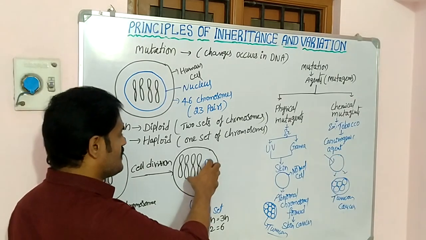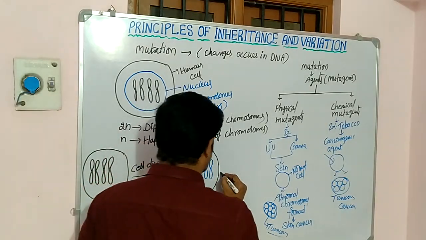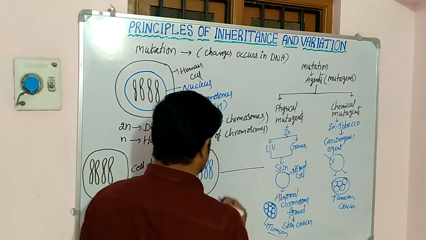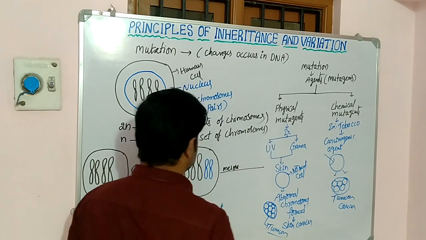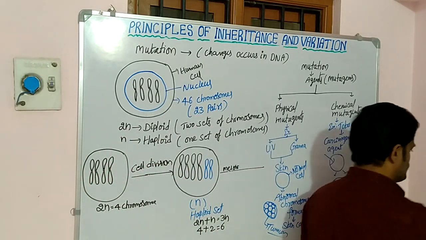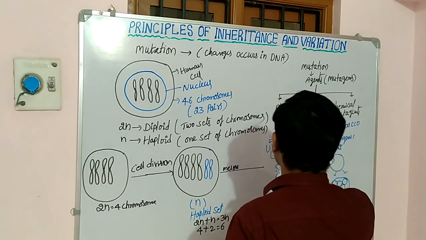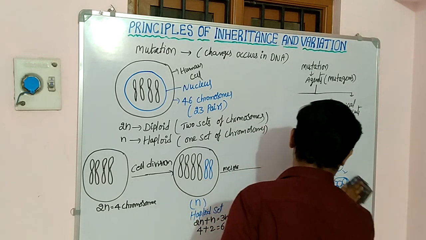When a cell with abnormal chromosomes enters the meiosis division, suppose it is a meiosis division, then it forms 2 daughter cells. So what kind of daughter cells will form here?